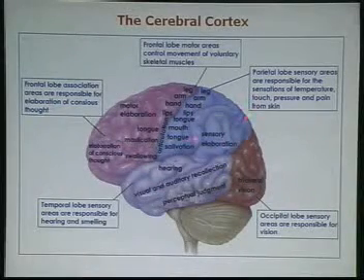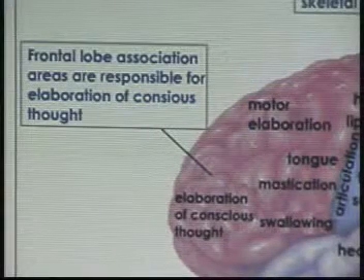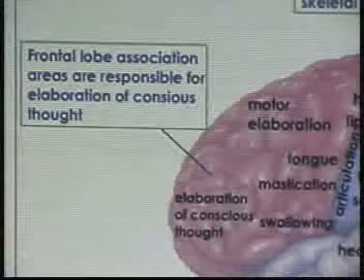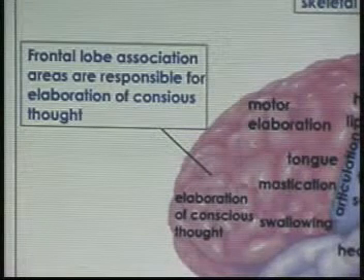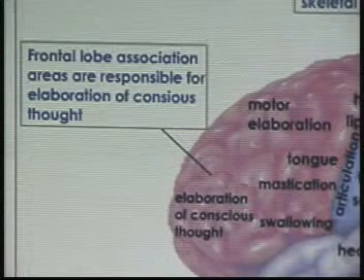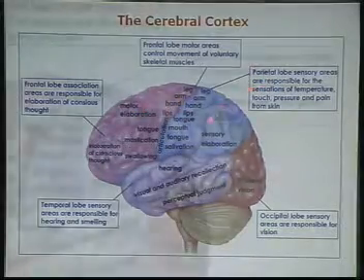The cerebrum has different lobes. Have a look. This is the frontal lobe, the largest of the four lobes, and in fact it makes up 1/3 of each cerebral hemisphere. Behind the frontal lobe is the parietal lobe.